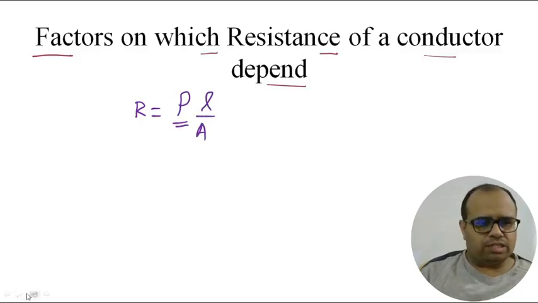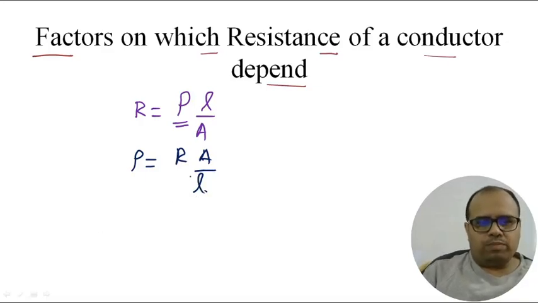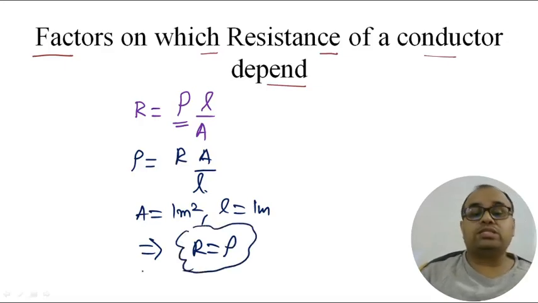Here you can see that rho is equal to R into A upon L. If area is 1 meter square and length is 1 meter, this implies R is equal to rho. Resistance is equal to resistivity.